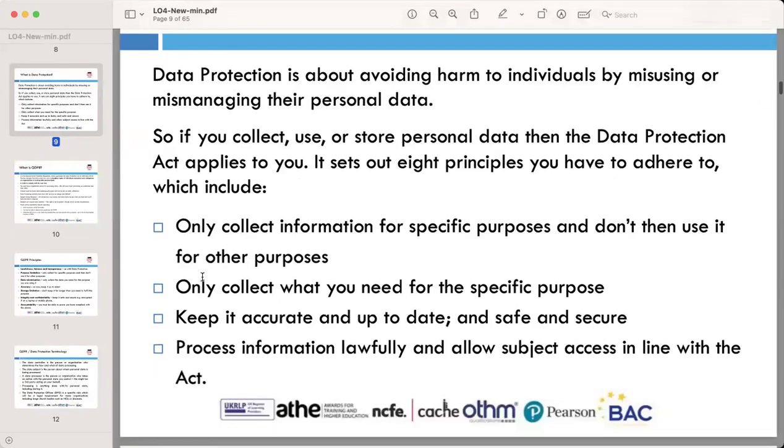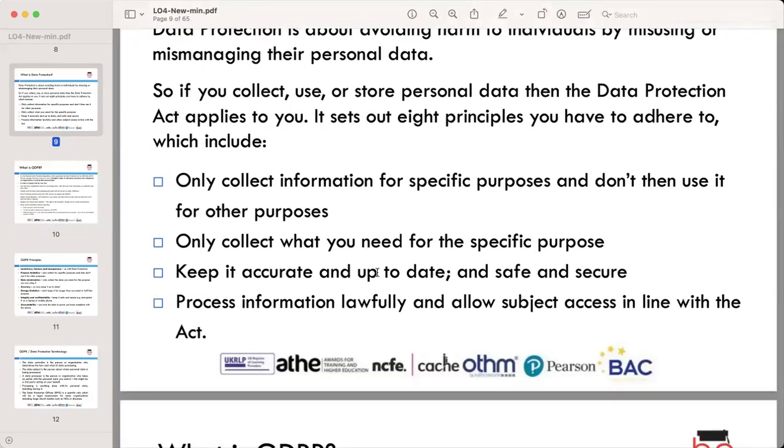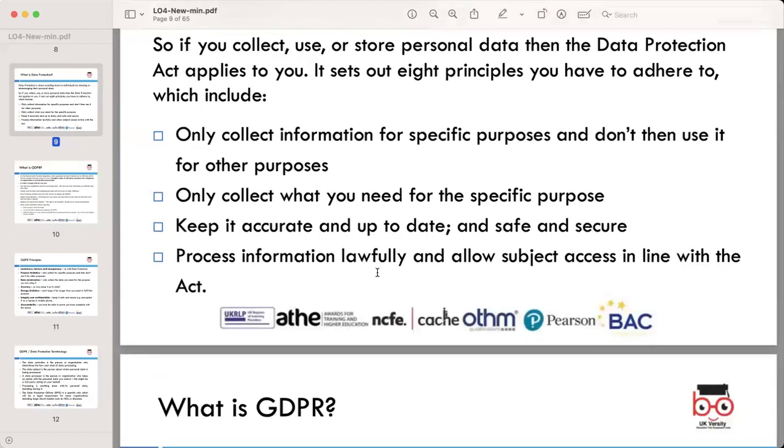Then only collect what you need for the specific purpose, keep it accurate and up to date, safe and secure, process information lawfully, and allow subject access in line with the Act.